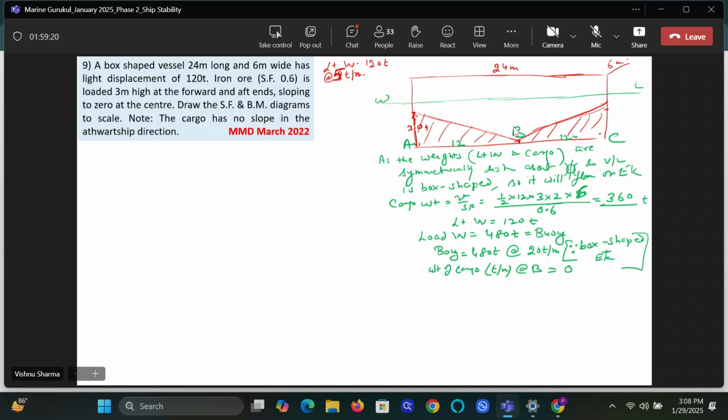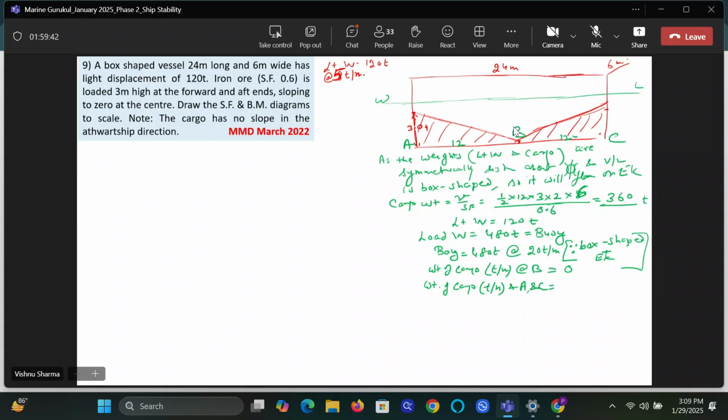Is the weight per unit length at A and C same? Yes or no? Yes, sir. So we calculate it here. Weight of cargo in tons per meter at A and C is volume of the cargo if the same height continues for 1 meter divided by stowage factor.